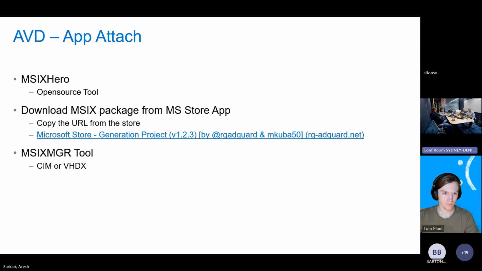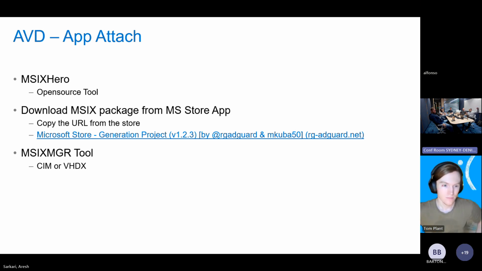So you fire up the tool which is provided by Microsoft, the MSIX Manager. It fires up, you call whichever installer, which is MSIEXEC, and do the install next. It captures that whole process and gives you the output. And the choice of the output is essentially CIM or VHDX.